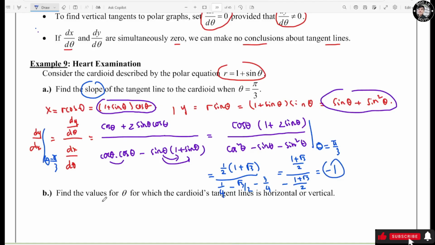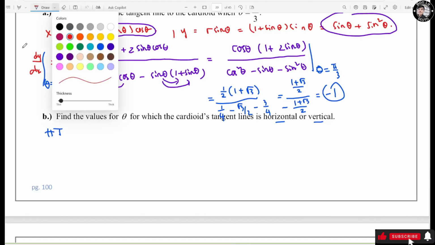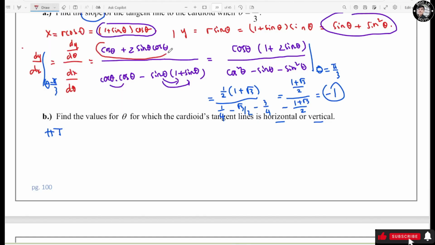Now question B, find the values for the angle theta for which the cardioid tangent line is horizontal or vertical. Now first we're going to talk about the horizontal tangent line. So basically the numerator equals 0. This one right here equals 0, so it could be cosine theta plus 2 sine theta cosine theta equals 0.